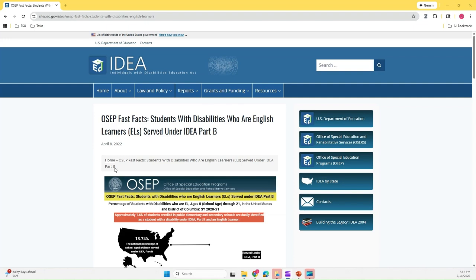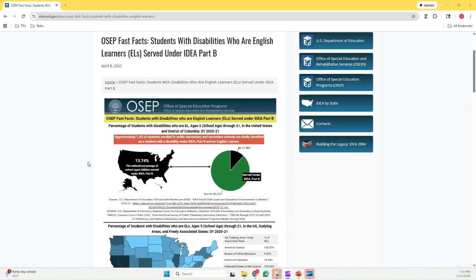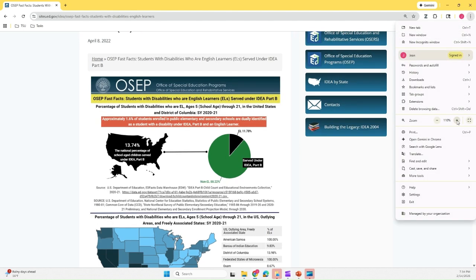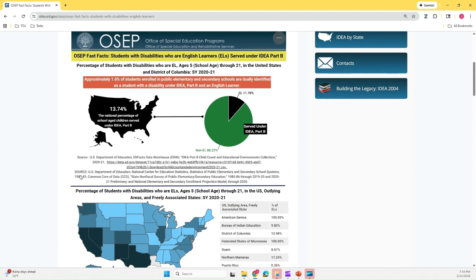So, if you look at the first section, it provides some general statistics. Okay, let me make it a little bit bigger. So, here it shows that 13.74% of students are served under IDEA. And among those students, English learners make up roughly 12%.